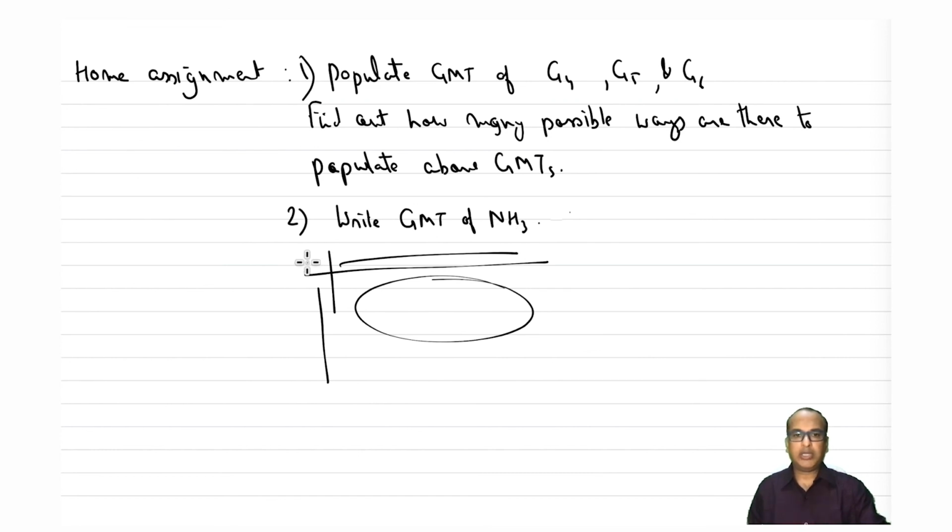I'm not going to tell you the order or the symmetry operations, so you try to work it out. Certain products will be easier to fill, while for certain products you will have to actually carry out all the operations. This will be easier once you have the GMT of NH3 ready with you. It will help when we look at the properties of subgroups and classes, and the NH3 example will be easier. So try to do it yourself.